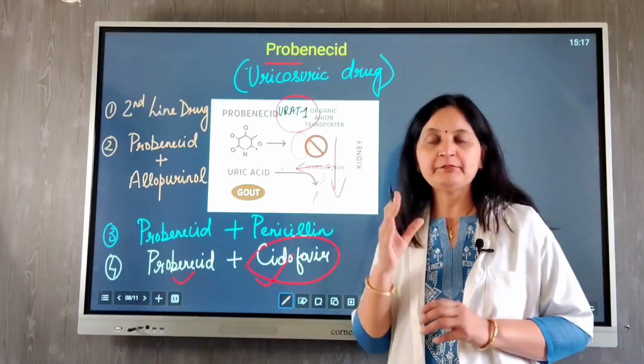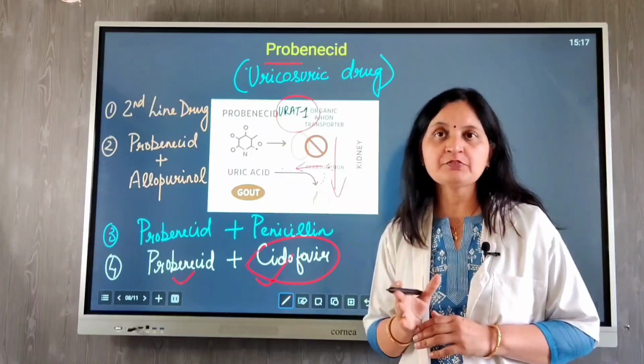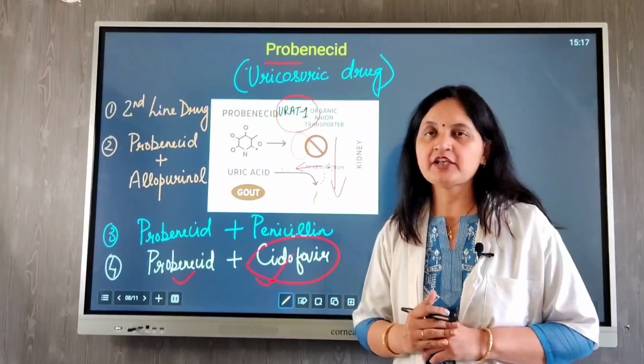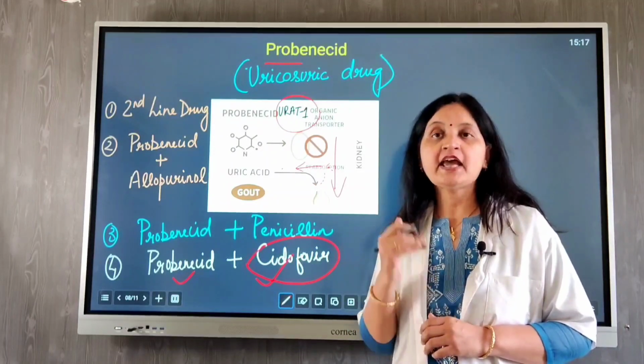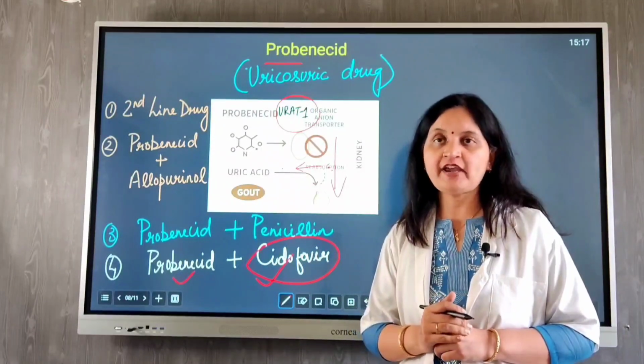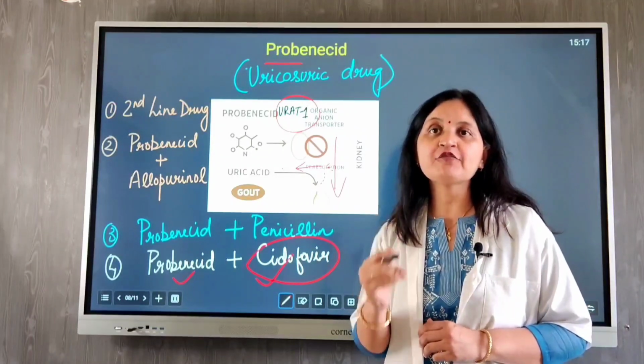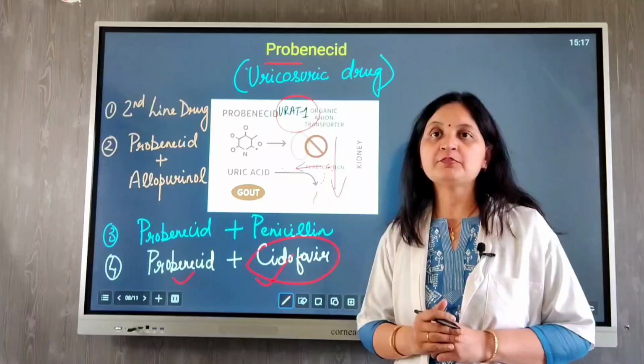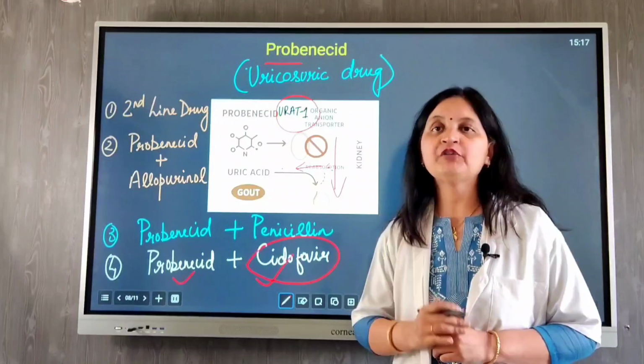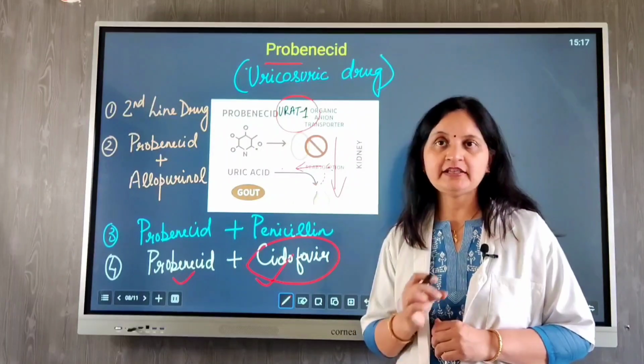So probenecid, by blocking the organic anion transporters, is helpful in the management of gout. It is helpful in prolonging the duration of action of penicillin. It is also helpful in preventing nephrotoxicity that is caused by cidofovir in the treatment of cytomegalovirus retinitis.